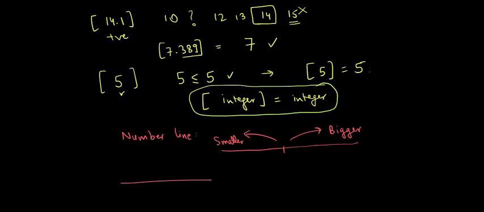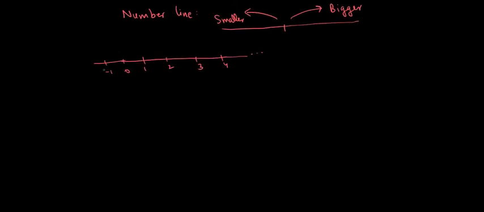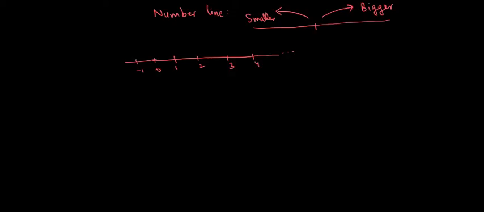If I'm at 2 and I move right, I get to 3 and 4 and so on. The numbers keep on getting bigger. And if I move left, I get to the numbers 1, 0, -1 and so on. The numbers keep on getting smaller. And this works for negative values just as well. If I'm at -2 and I move to my right, I get to -1, then 0 and then 1.